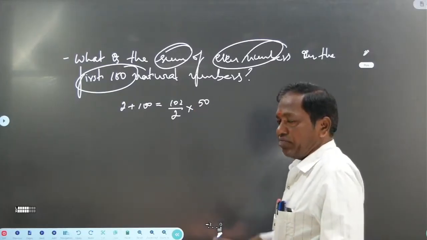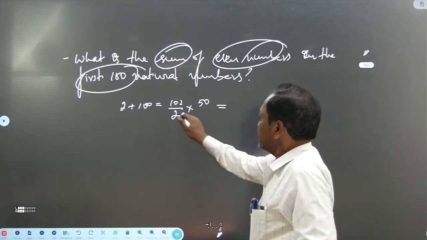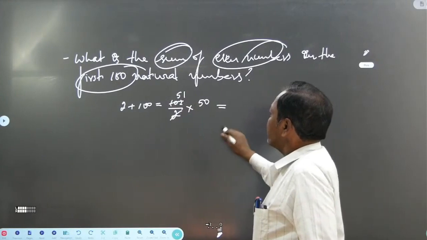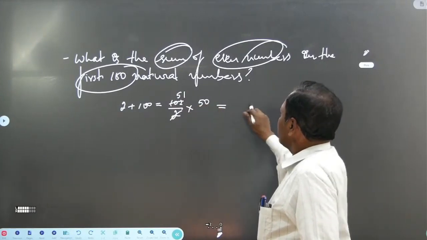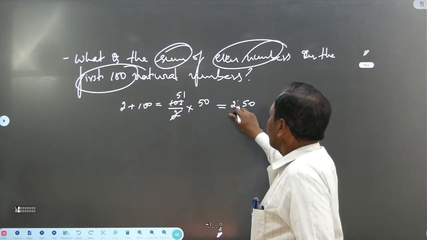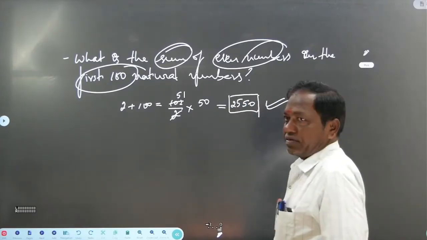Okay, 50 odd numbers, 50 even numbers. Now we can simplify this and this: 51 into 50. So 5 into 0 you can keep, 5 into 1, 5 into 5, 25. This is the thing, right?